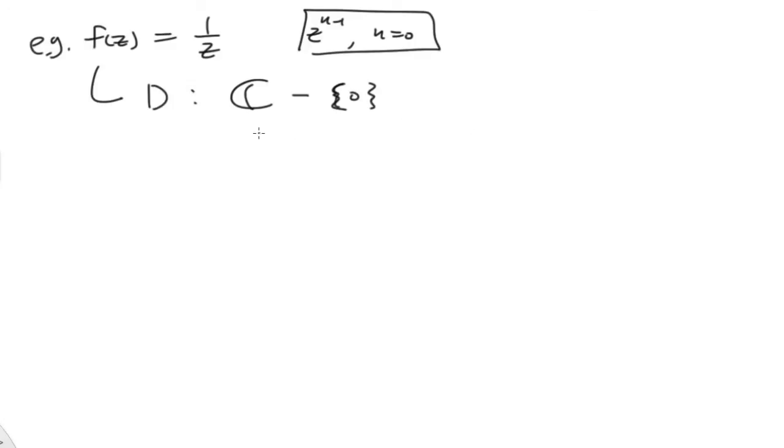So it's the complex plane minus that one point. So that's the domain. But now, what's the antiderivative? The antiderivative, of course, is log z, because we know that d/dz of log z is equal to 1 over z.